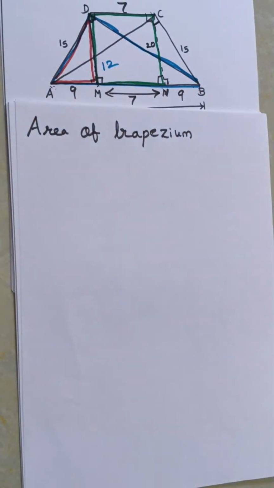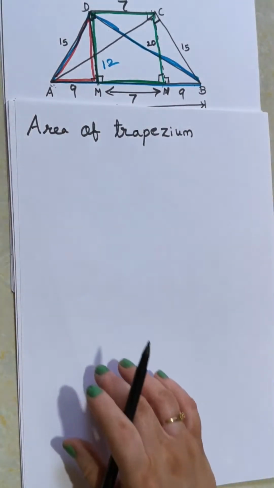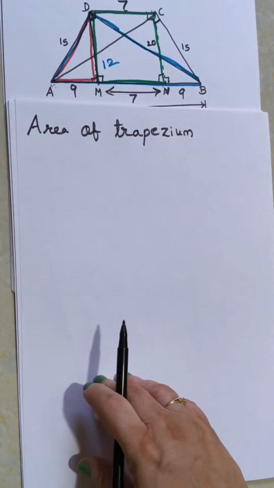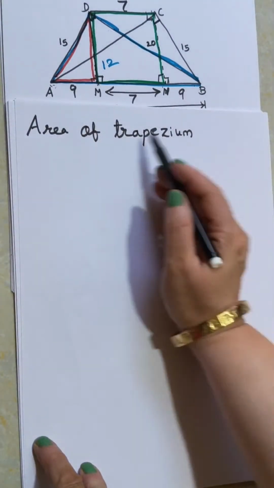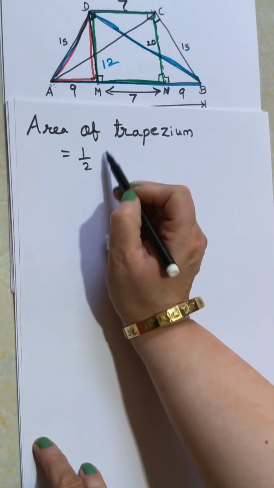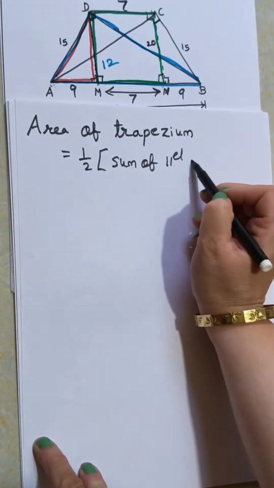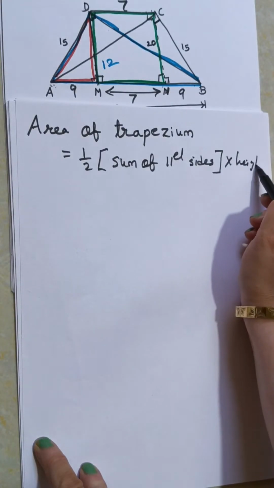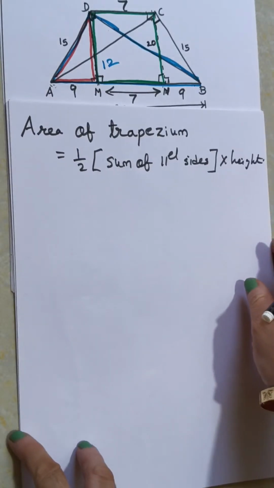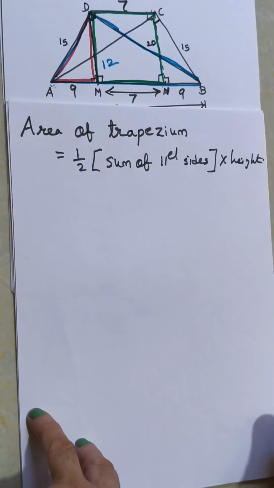So area of trapezium is equal to 1/2 into sum of parallel sides into height. Do you remember this is the formula of area of trapezium? Half sum of parallel sides into height.